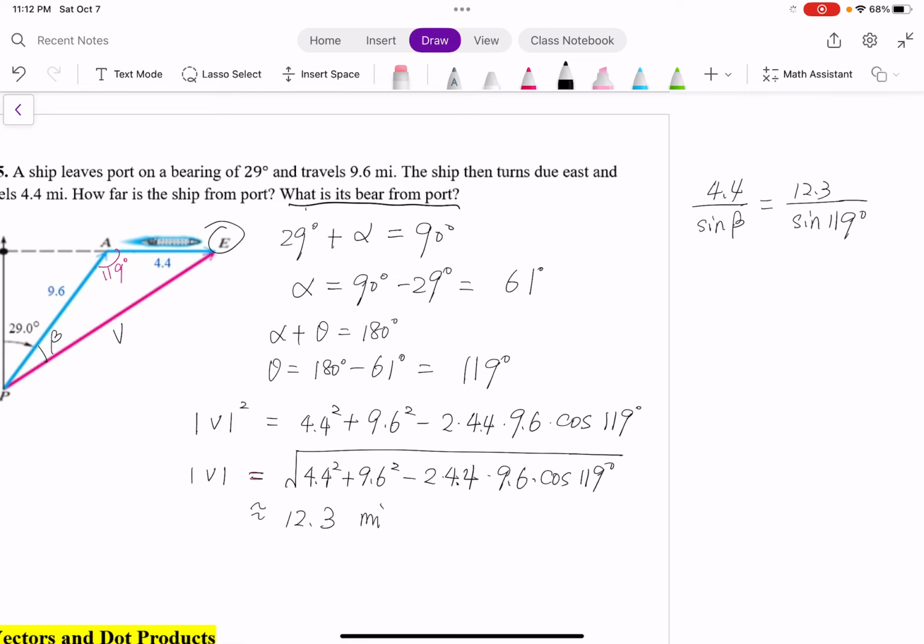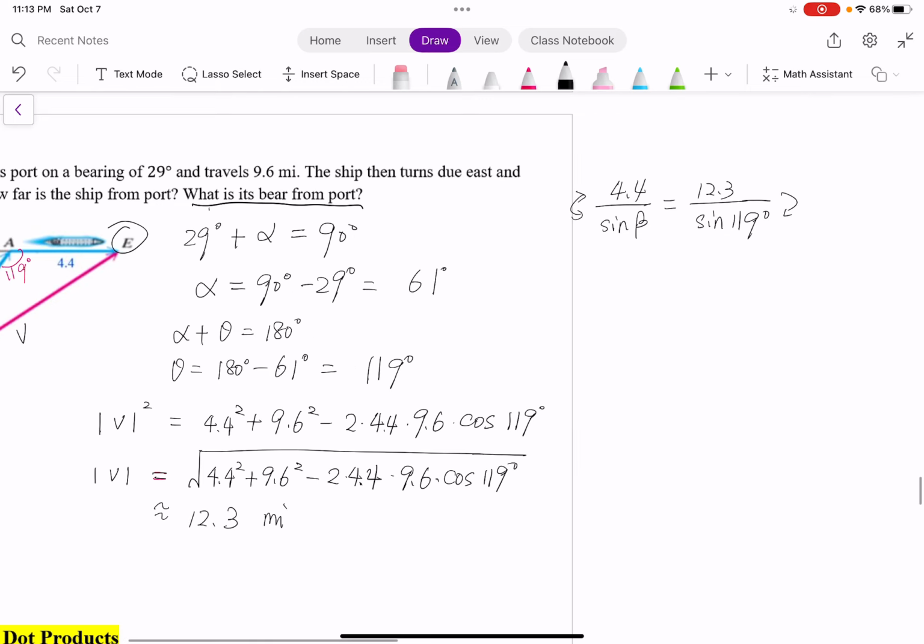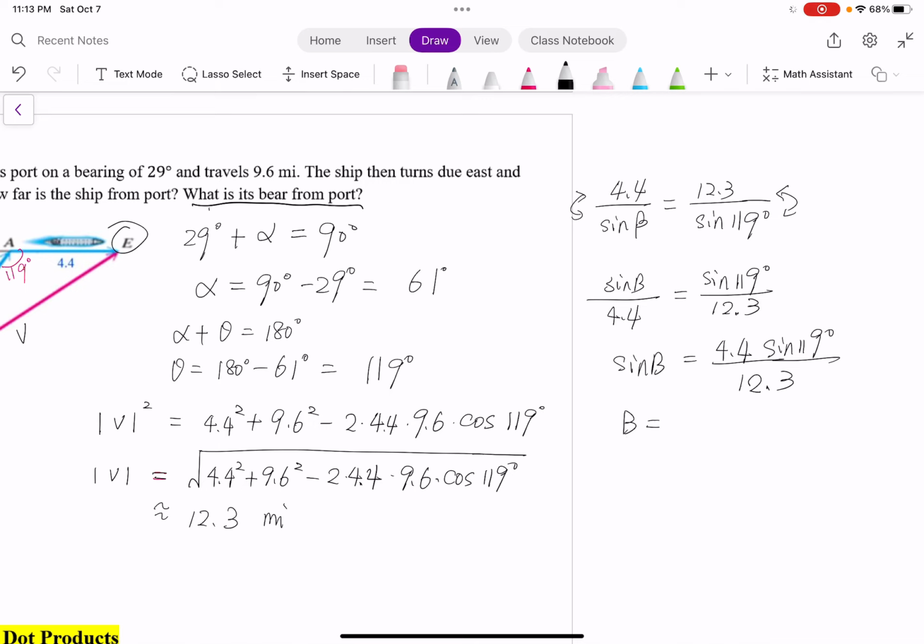Then we need to solve for beta. Flip both sides: sine beta over 4.4 equals sine 119 degree divided by 12.3. Then multiply both sides by 4.4: sine beta equals 4.4 sine 119 degree, all divided by 12.3. And the angle beta is the inverse sine of 4.4 sine 119 degree, all divided by 12.3.